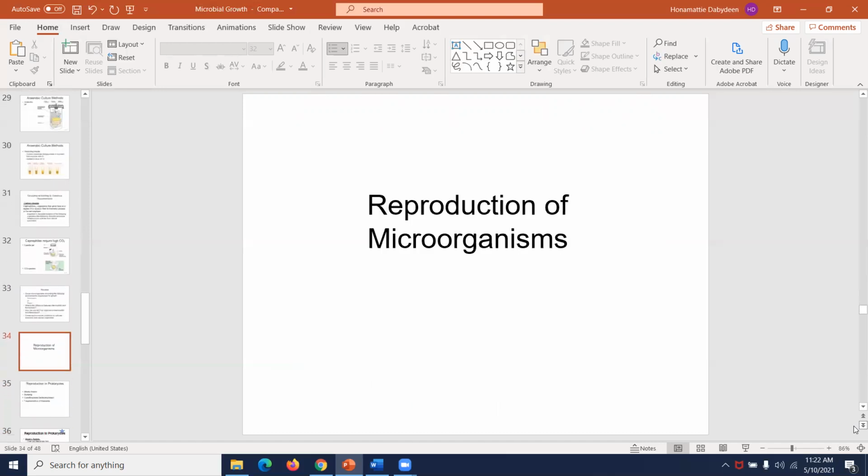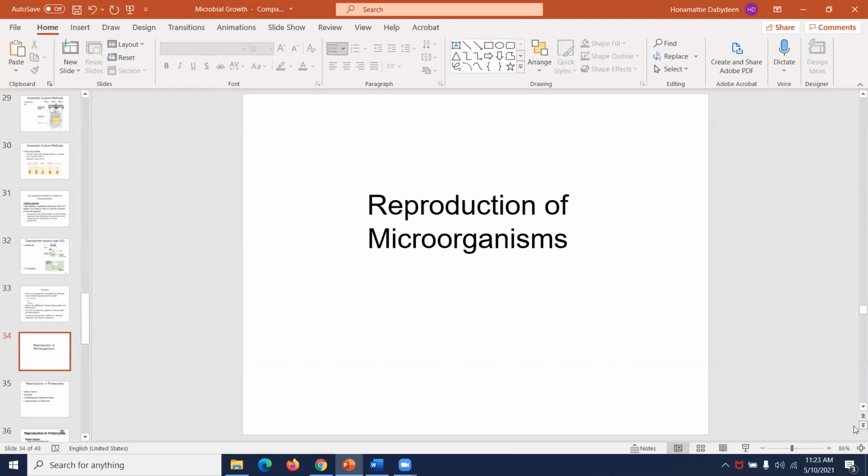Now, reproduction of microorganisms. I told you that microorganisms will grow. If we're dealing with bacteria, and in fact, for the rest of the slides we're really talking about bacteria, the prokaryotic cell, these organisms grow by binary fission. One of the animations I gave you earlier in the lecture talks a little bit about the binary fission process.